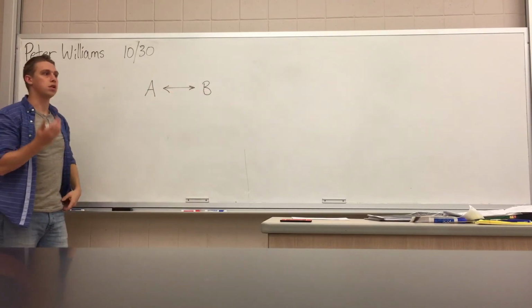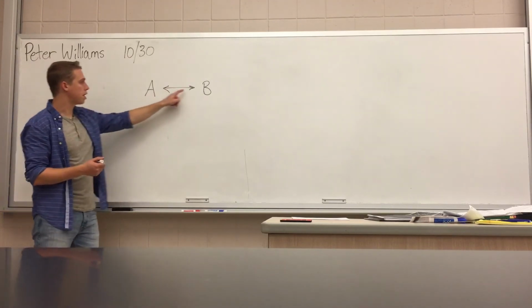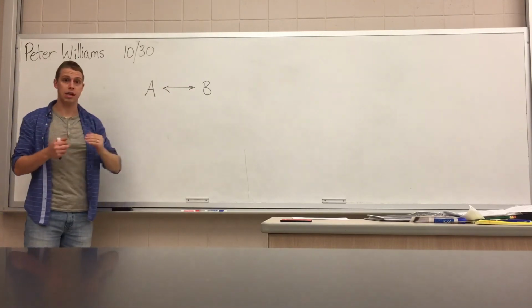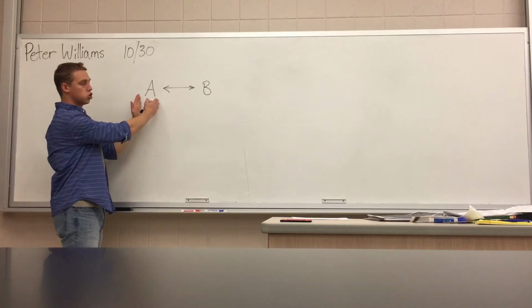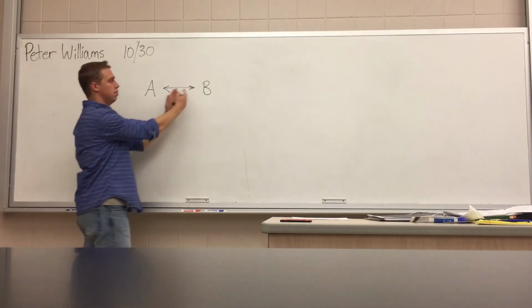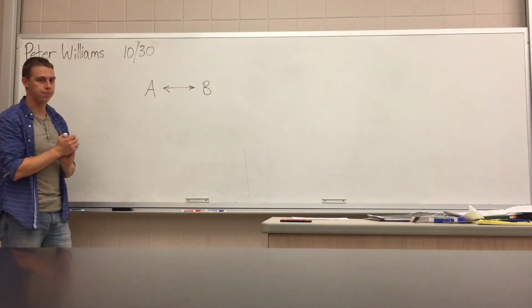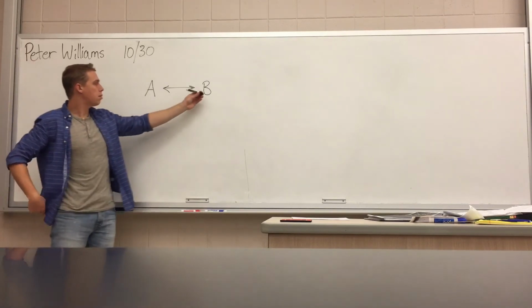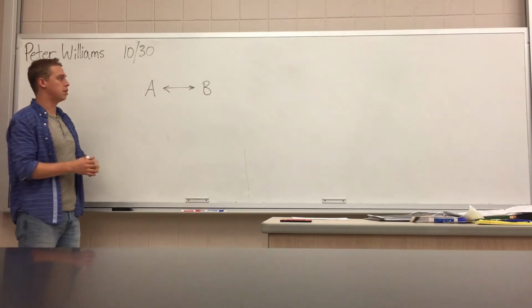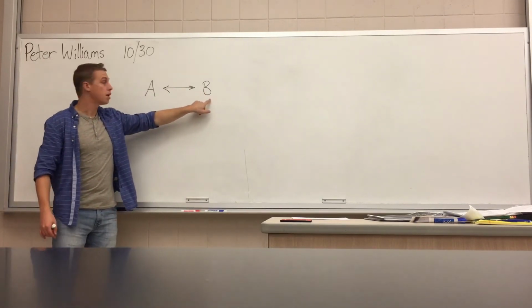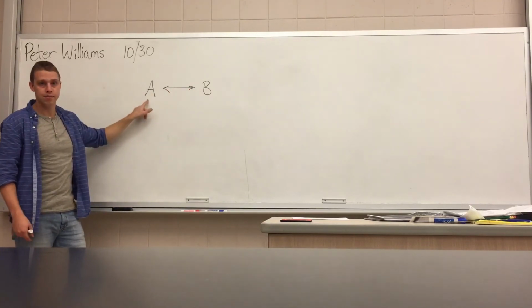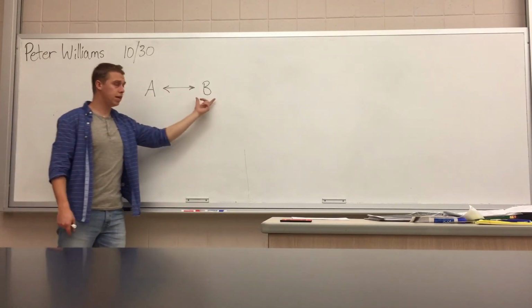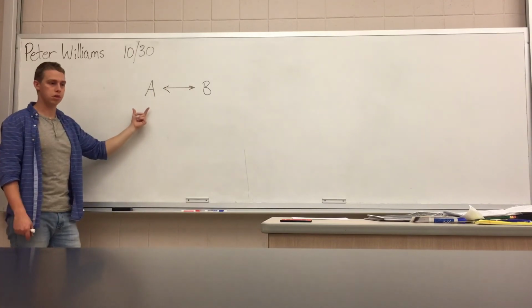A logician would say this implication, that A implies B, tells us that if A is true, then B is true. Now, notice that it's a double-ended arrow, so I also am denoting that B implies A. So, if B is true, then A must be true.